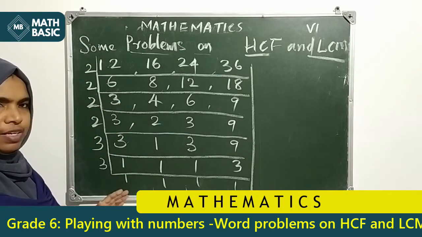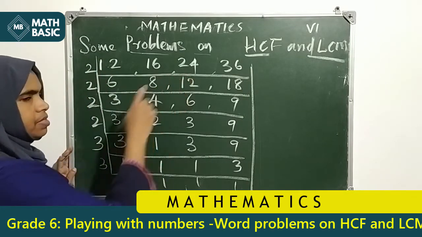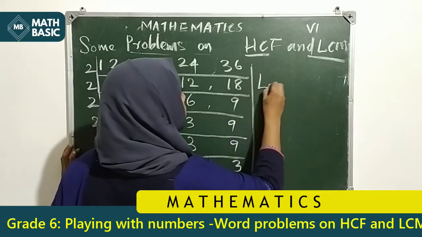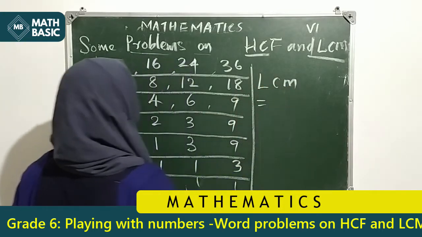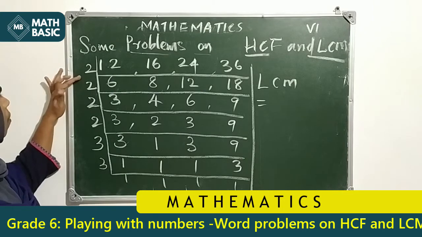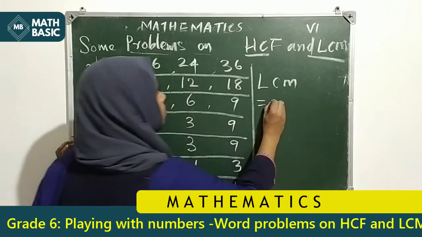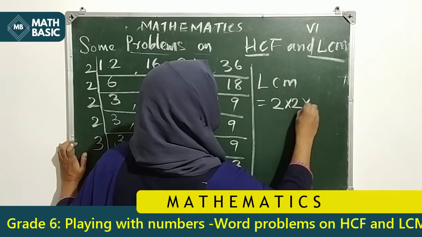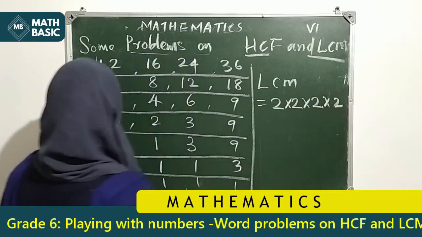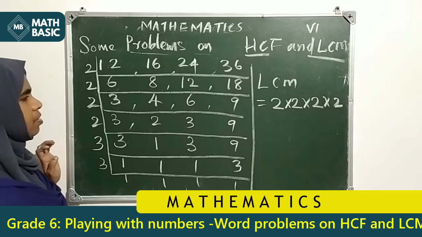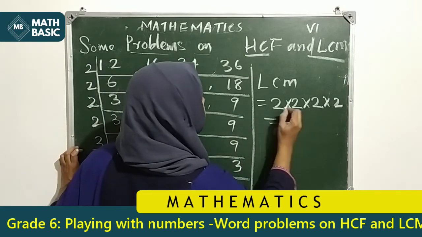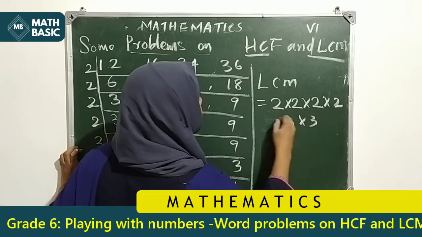This is the prime factorization of the four numbers. Then the LCM of these four numbers equals: how many 2s? 1, 2, 3, 4. 4 2s are here. How many 3s? 2 3s. 3 into 3.